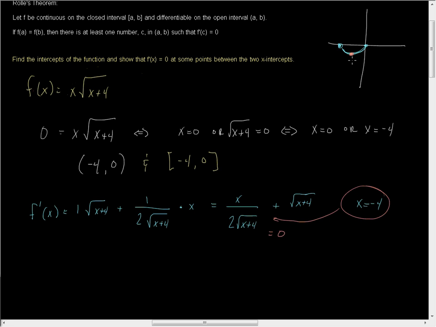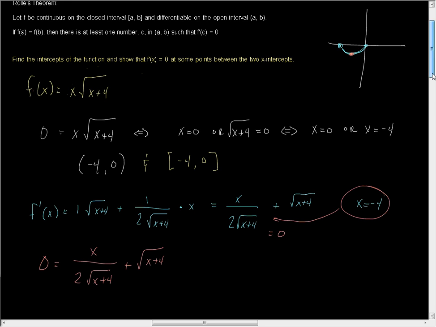That's good. Now we have to show that somehow the derivative can be 0. So where is the derivative 0? Where does 0 equal x over 2 root x plus 4 plus root x plus 4?